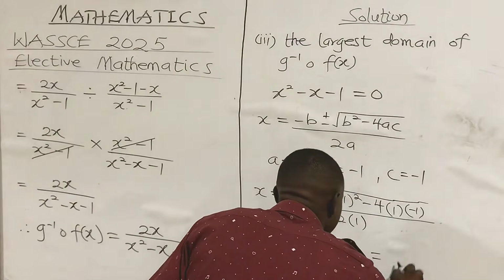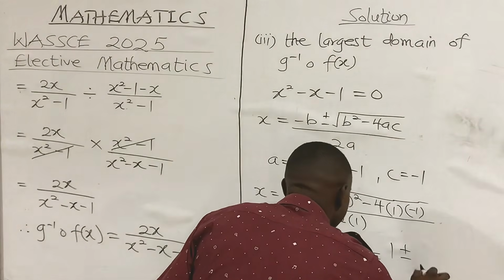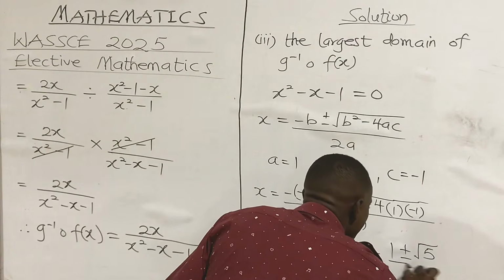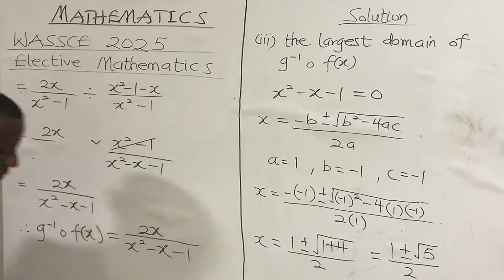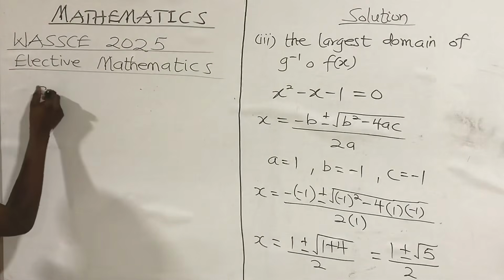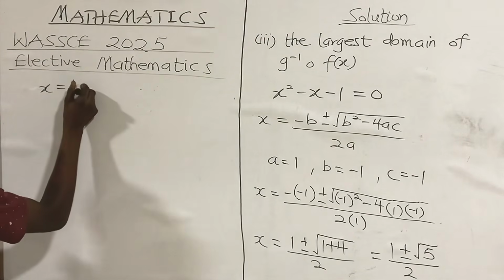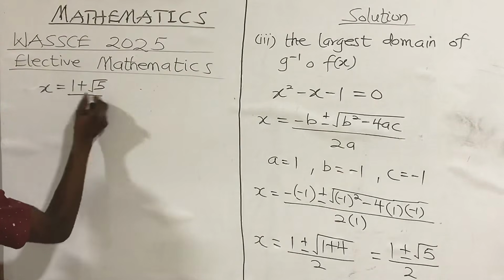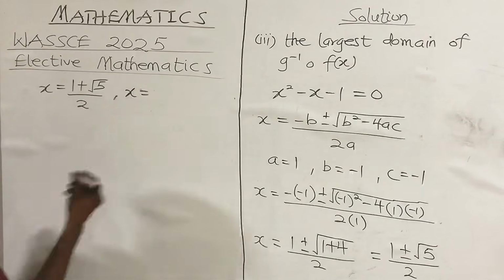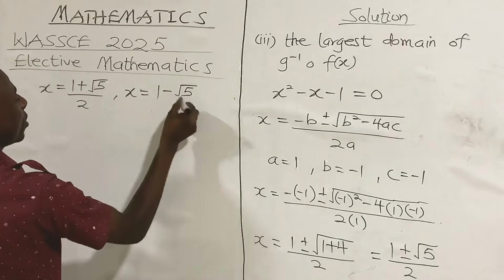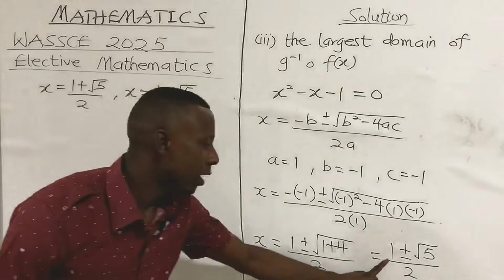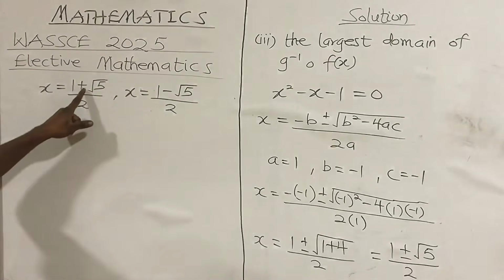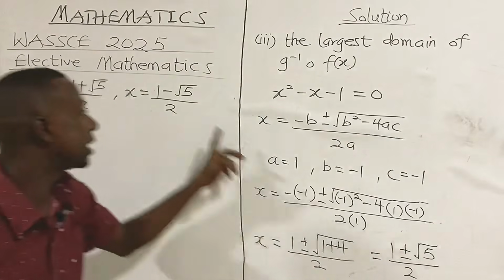So from here, I have 1 plus or minus root 5 all over 2. So we are getting x is equal to 1 plus root 5 over 2, and we also have 1 minus root 5 all over 2, because we have our equation to be plus or minus. The first one will take the positive, then the next one will take the negative.